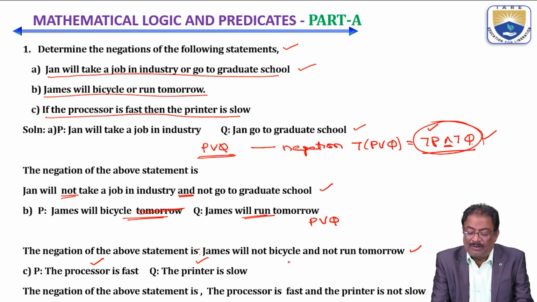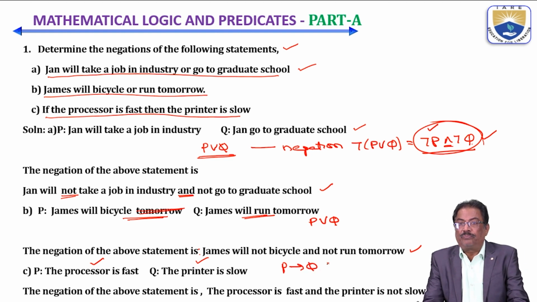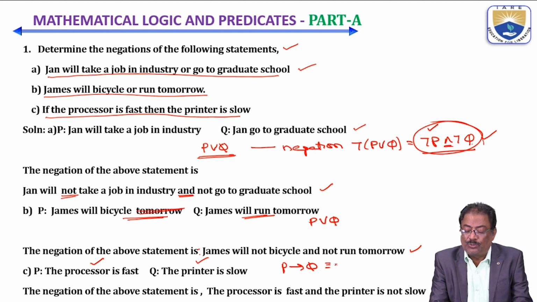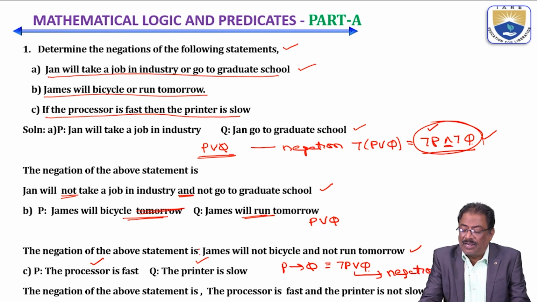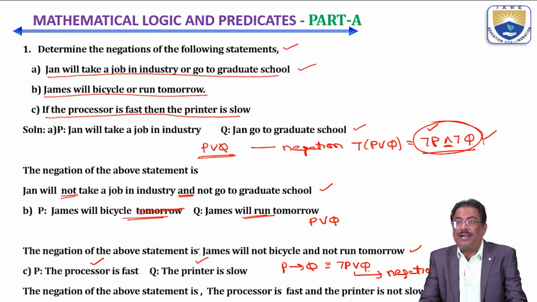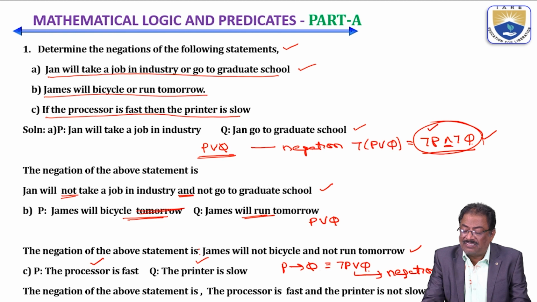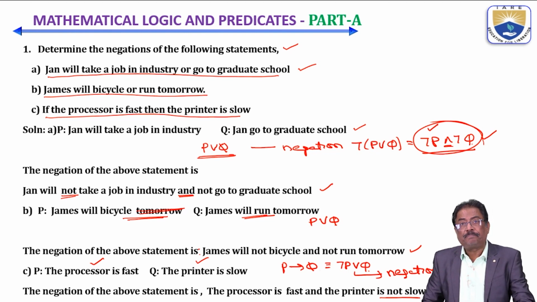The given statement is symbolically written as if P then Q, which is equivalent to negation P or Q. The negation of this is negation of negation P or Q. By double negation, it becomes P and negation Q. That is, the processor is fast and the printer is not slow. This is the negation of the above statement.